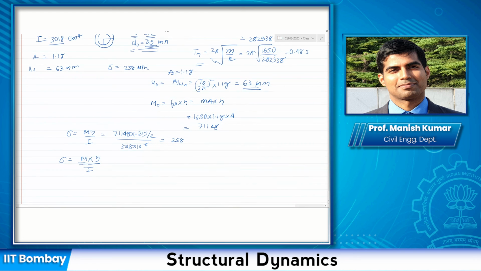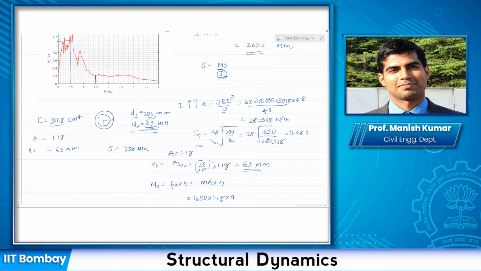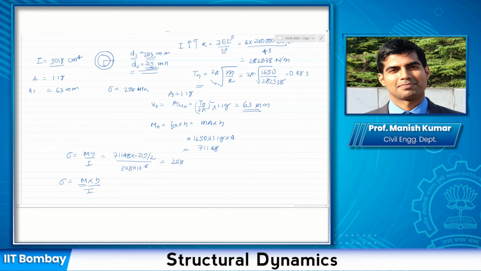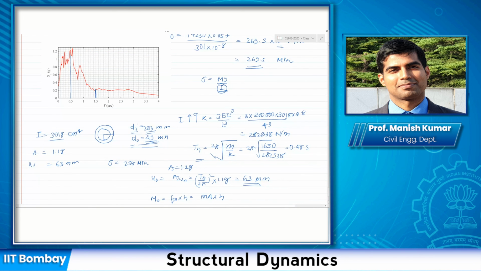So in this case, maybe the problem is what I've done here. I have read it around 0.5 to 1.1 g, but if I make it 1.2 g, let us say at 0.48, then I think perhaps my stresses will increase here, isn't it? I don't see any significant reduction. This is 270 MPa.